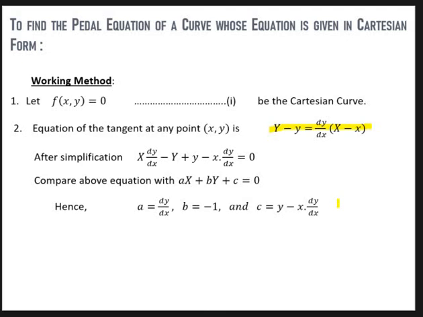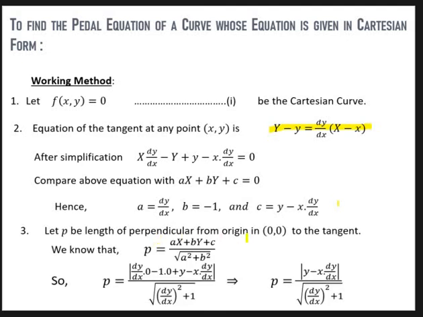Step 3. Let p be the length of the perpendicular from the origin 0, 0 to the tangent. We know that p is equal to modulus of a x plus b y plus c by root of a square plus b square. Let us substitute the a, b, c values from the above step.